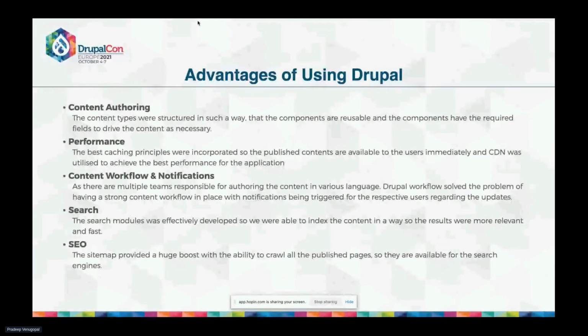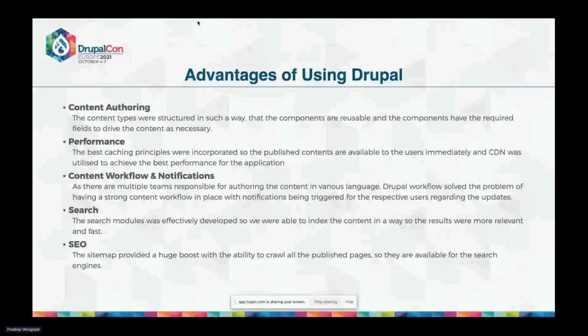So they were self-sustaining, so that using those components itself, the editors were able to build a page where they have each and every flexibility or capability to tweak or manage the page the way it was required.